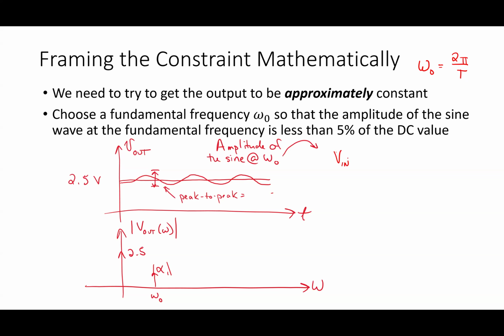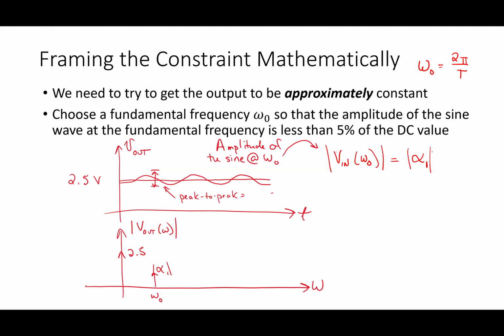What we talked about last time was, if I look at my Vn of omega, in particular if I look at my Vn magnitude at omega naught, that's essentially whatever the value of alpha 1 is for Vn.